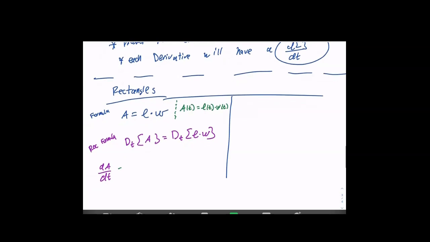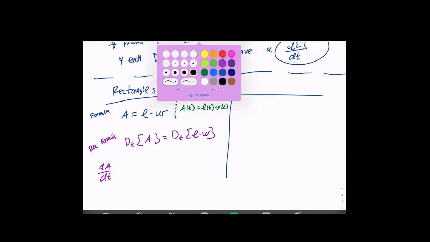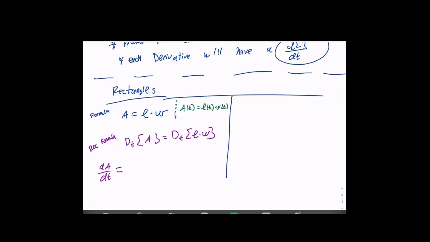So dA/dt equals the derivative of L times W with respect to t. So how do I go about doing that side? What do I do in terms of taking the derivative on that right-hand side?